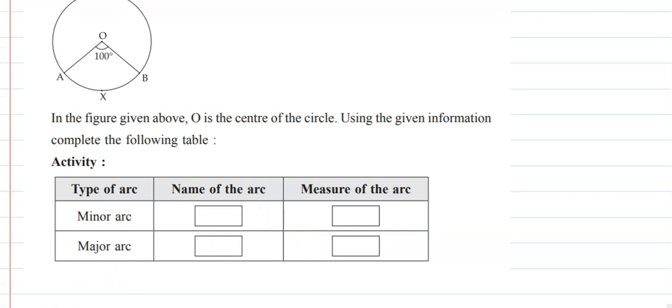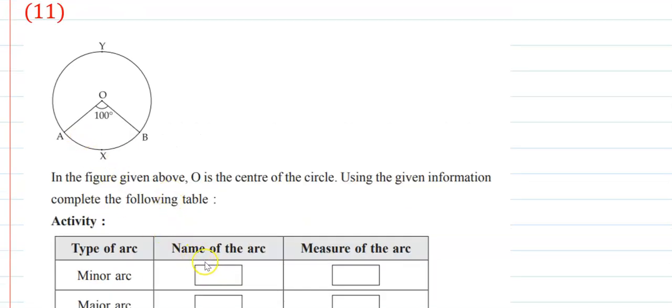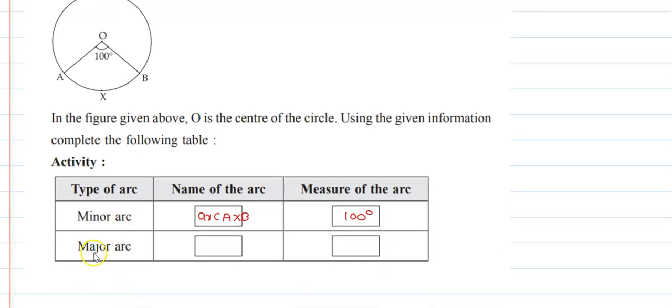Now we'll substitute. Minor arc is arc AXB and its measure. The measure of the central angle is equal to the measure of this arc, and that is equal to 100 degrees. Next, major arc.